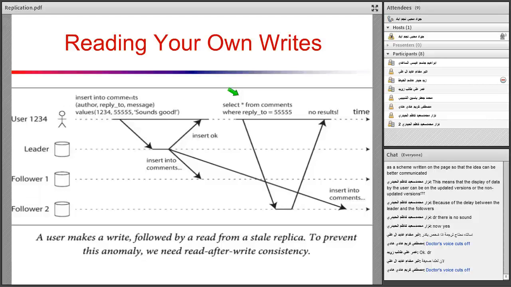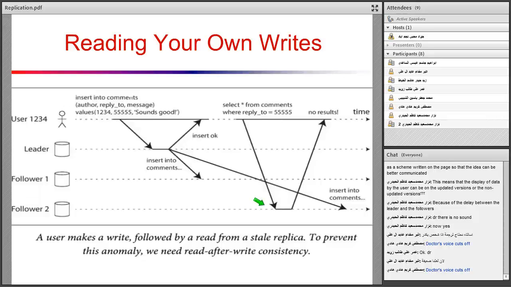This request is sent to follower 2, and follower 2 has non-updated data, because the message from the leader about the user's write is received by follower 2 only after this time, while the user wants to get the latest information at this time.